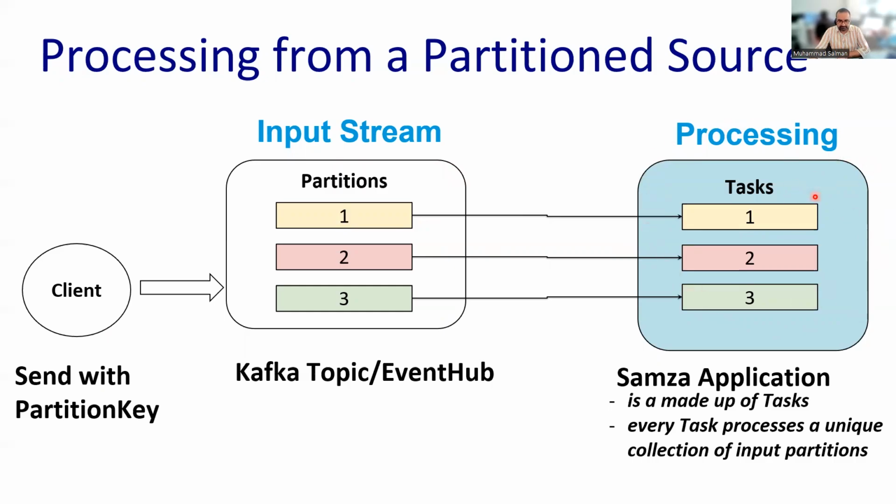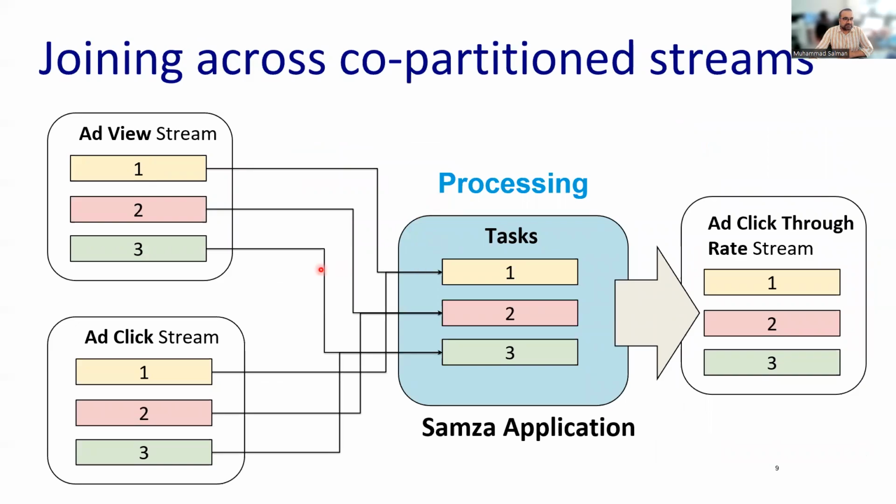and then gives it to the output. It is also possible that there are co-partitioned streams. For example, one is the ad viewing stream and the other is the ad clicking stream, and data of the co-partitioned streams is coming to the task processor. So the ad viewing data is coming to this one, and also the click stream data is coming to this one.